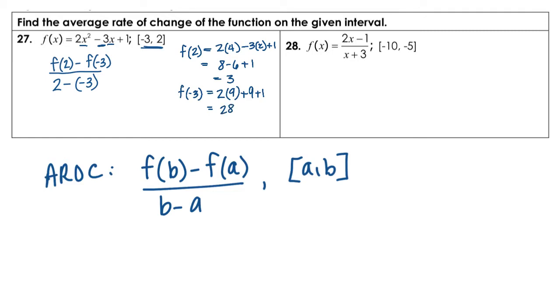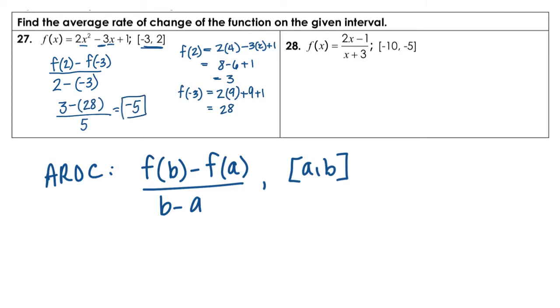And so now we're ready to come back over here and substitute in f at 2 we found to be 3 minus f at -3 was 28. And that's going to be over 2 minus a -3, so that's going to give me 5. So here it looks like we're going to get -25 over 5. So we're going to have -5 for our rate of change.